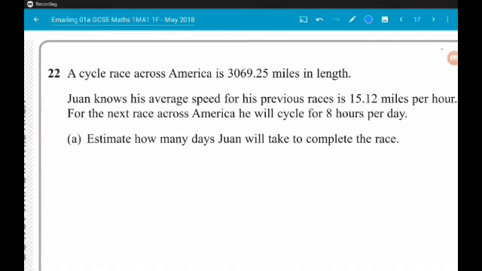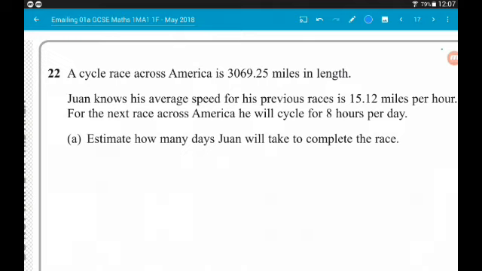Okay, question 22. So a cycle race across America is 3,069.25 miles in length. One knows that his average speed for his previous races is 15.12 miles per hour. For the race across America, he's going to cycle 8 hours per day.